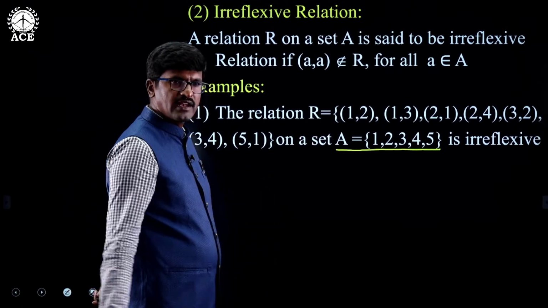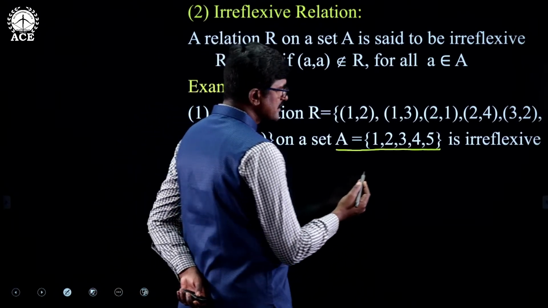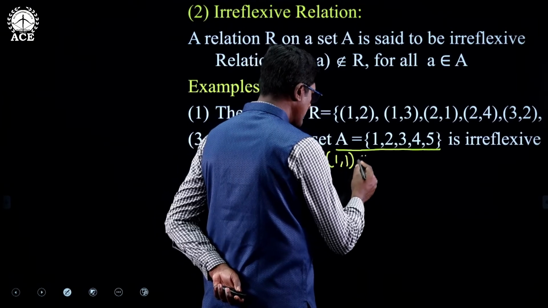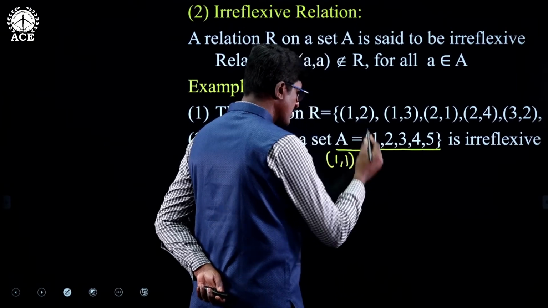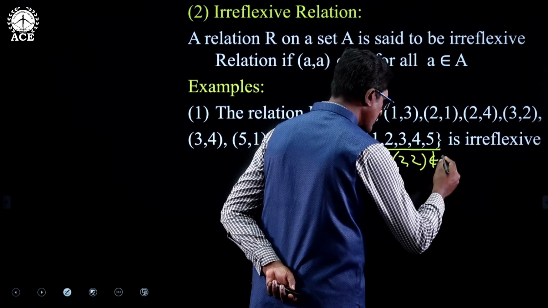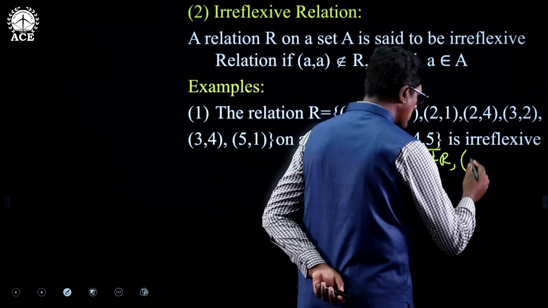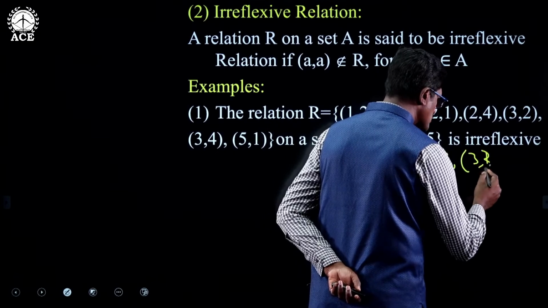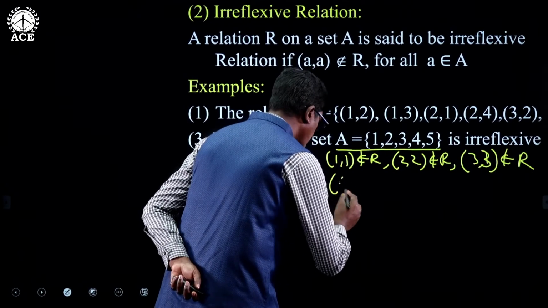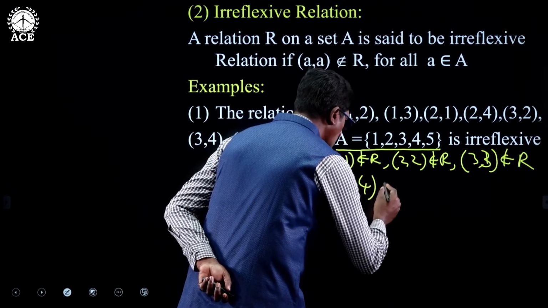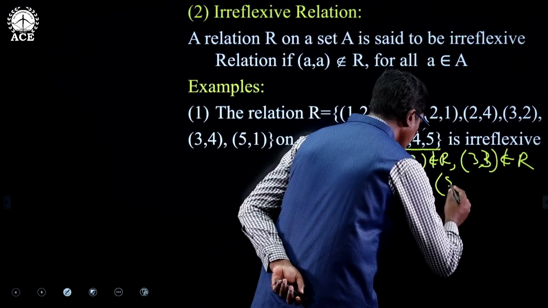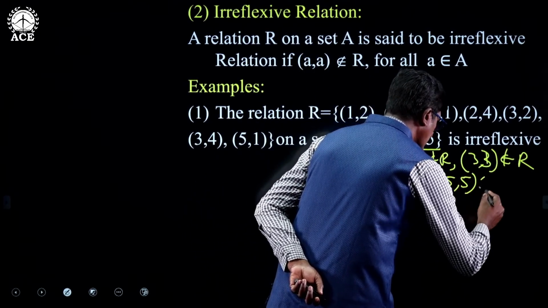If you observe this relation, there is no (1, 1). (1, 1) does not belong to R. Similarly, (2, 2) does not belong to R. Next, (3, 3) does not belong to R. Next, (4, 4) does not belong to R. And (5, 5) does not belong to R.